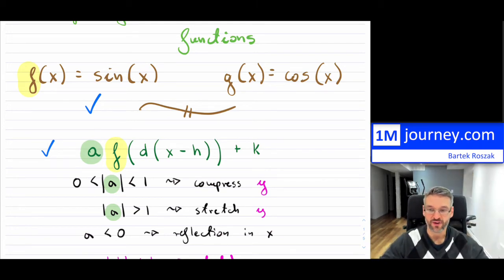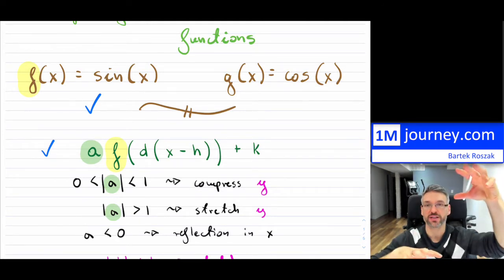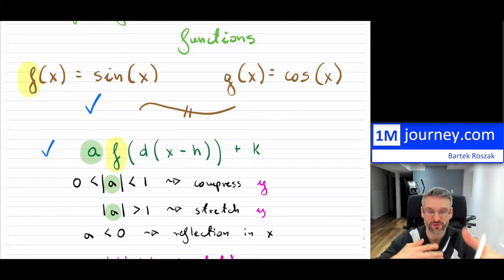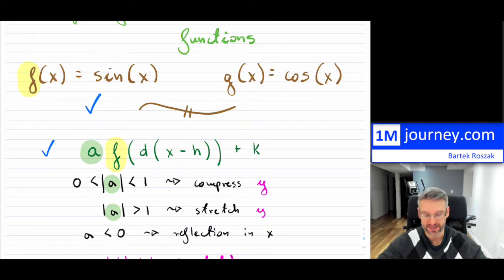And then if a was negative, what we've noticed is that there was a reflection in the x. So the function, however it looked, just reflected in the x-axis. And we want to see if that's exactly what will happen with sine. And probably because you've now looked at many transformations, you'll be like, yeah, that's pretty much what will happen. You're correct. So that's what our a has done.